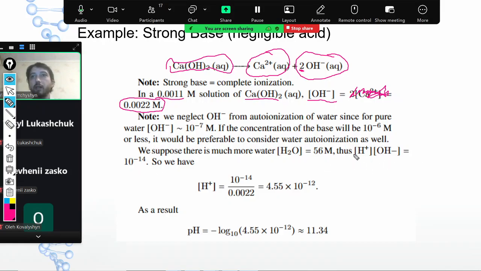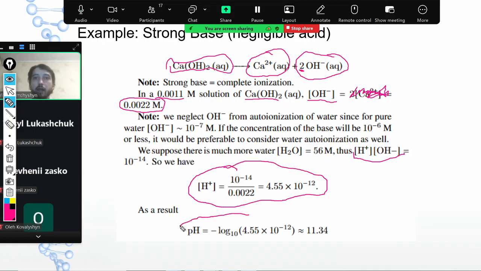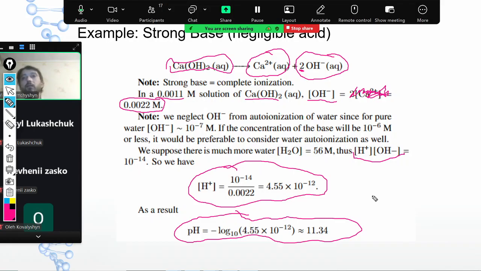We use the equation H plus times OH minus equals 10 to the minus 14. So we can calculate the concentration of the H plus. Here we have it. And as a result, we get pH. So that's it. So we calculated the expected concentration of OH minuses.